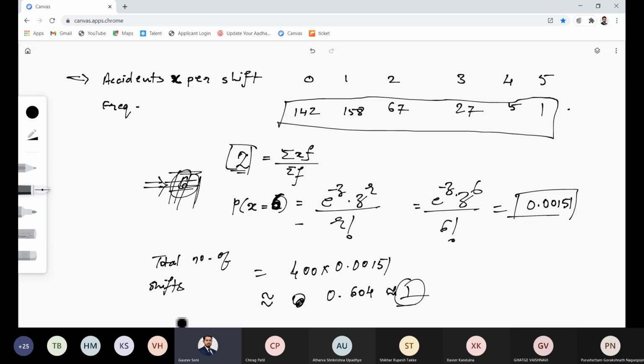Anyway, this kind of example is excluded actually, but this gives an idea why we are doing this distribution. Fine. If you have any difficulties in Poisson distribution, please let me know, or else we'll stop here.